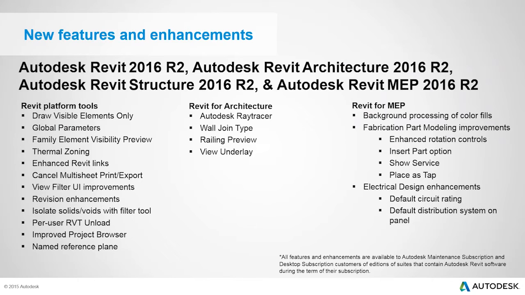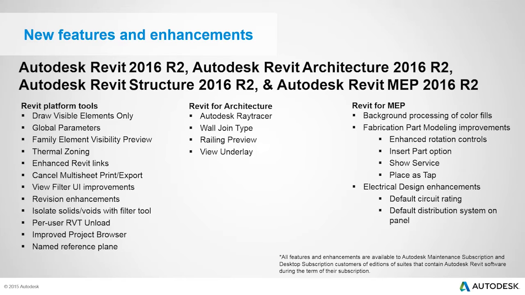Autodesk Revit 2016 Release 2 includes over 25 updates with further improved software performance and scalability behind the scenes, plus some new features as well. Release 2 is fully compatible with the existing Revit 2016 release, and as I mentioned, there's no file format change, so users can install the update without any issues affecting any of your other users that may not have the update.